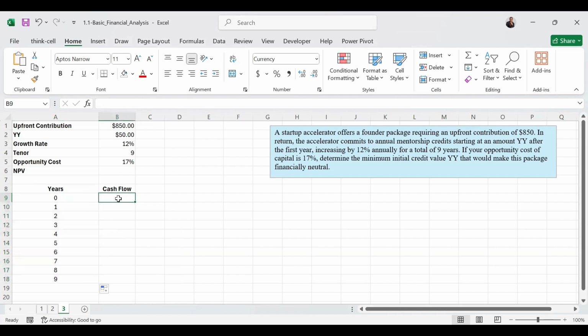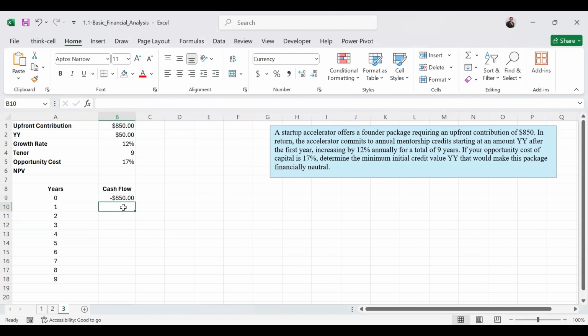Then for my cash flow, I'm going to start with the upfront contribution, so I'll enter it in negative. And then for my year 1 value, I'm going to be using my YY value, the one that I've just entered here. And here it tells us that it increases by 12% annually for a total of 9 years.